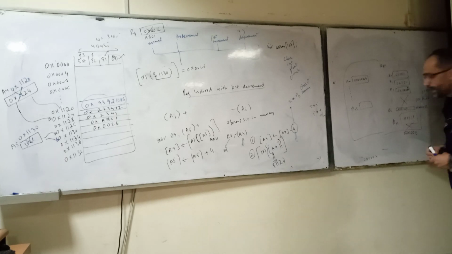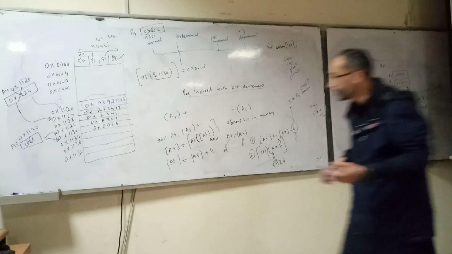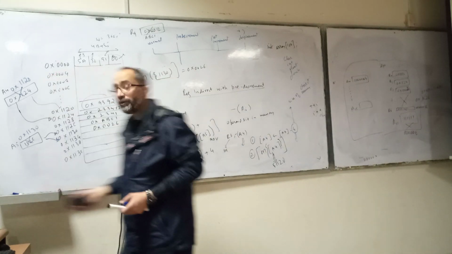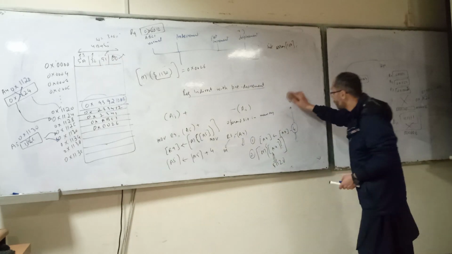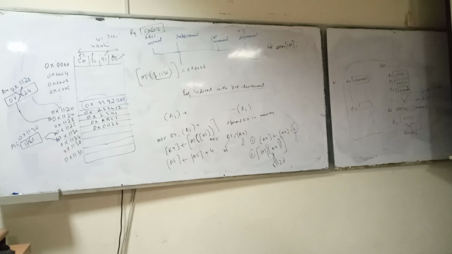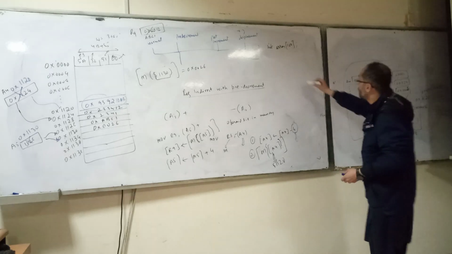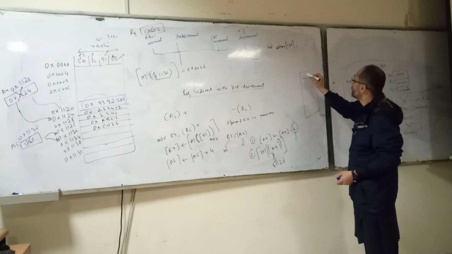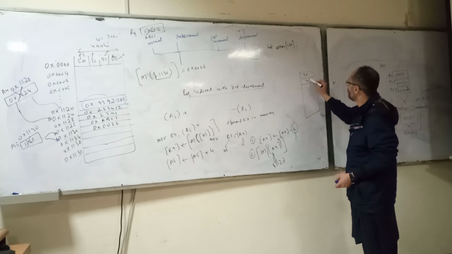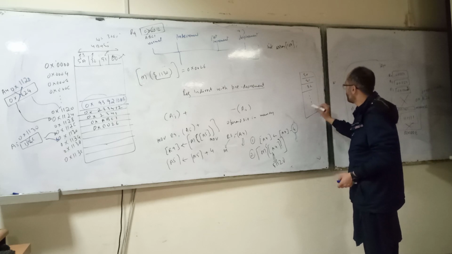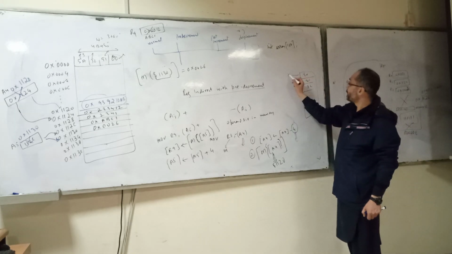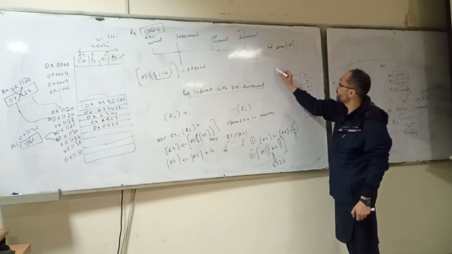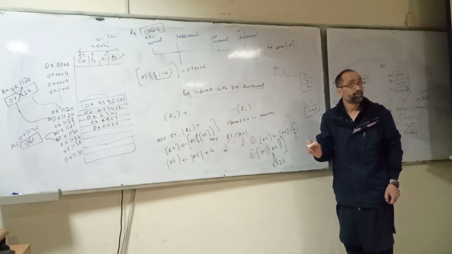If you have an array, what will the compiler do? The compiler will allocate 100 locations in memory. So it is element 0, element 1, element 2, up to element 99. And the first element will be pointed to by an address register A0.